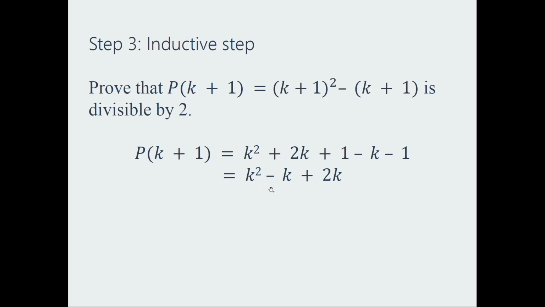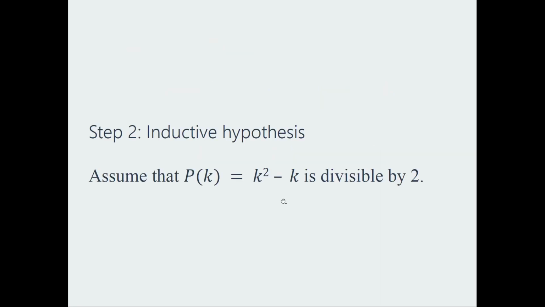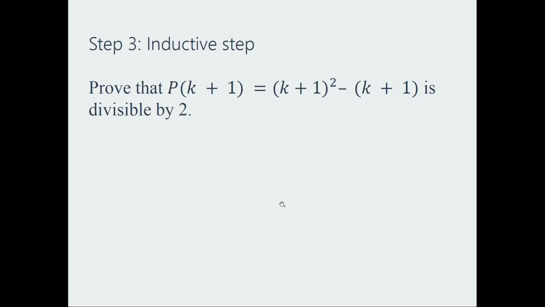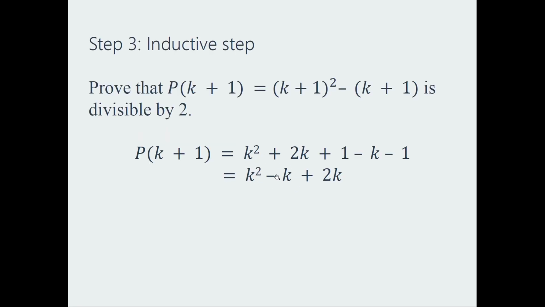Where did we see this term, k squared minus k? This is our inductive hypothesis. We assume that k squared minus k is divisible by 2. So, going back here, we now know that this term, k squared minus k, is divisible by 2. And 2k is obviously also divisible by 2.